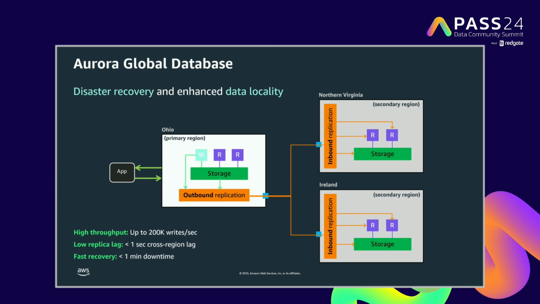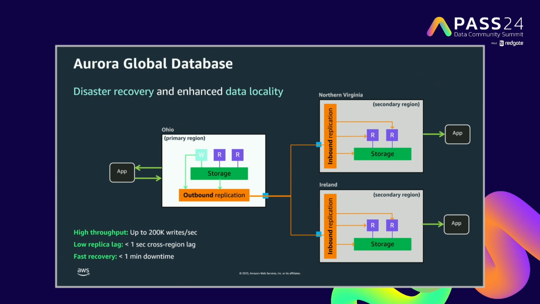Because there you give preference to meeting your SLA, especially for the DR. You can configure RPO using global database as well. It is just a parameter. You just open the Aurora cluster and mention the time that you want, RPO equal to 5 minutes or 10 minutes based on your SLAs. Okay.